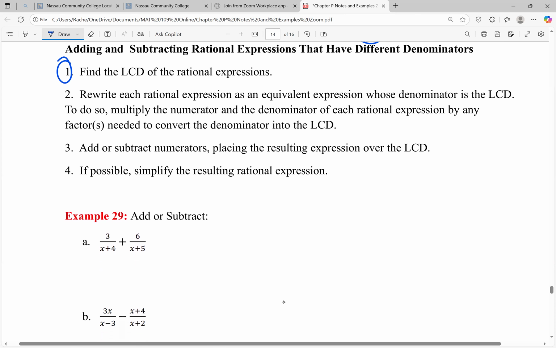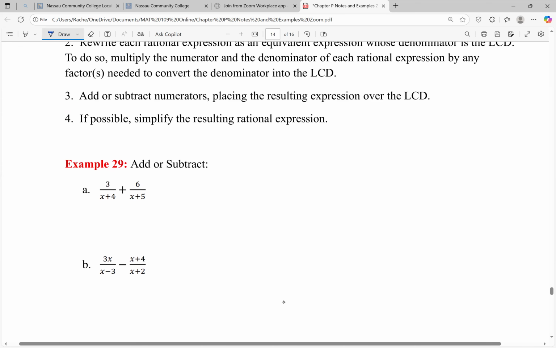And we did that by multiplying the numerator and the denominator of each expression by the factor needed to convert the denominator into the least common denominator. Then we're ready to add or subtract the numerators. We place the result over the least common denominator, and if possible, we would simplify. So we're going to follow these steps. So let's look at example 29.